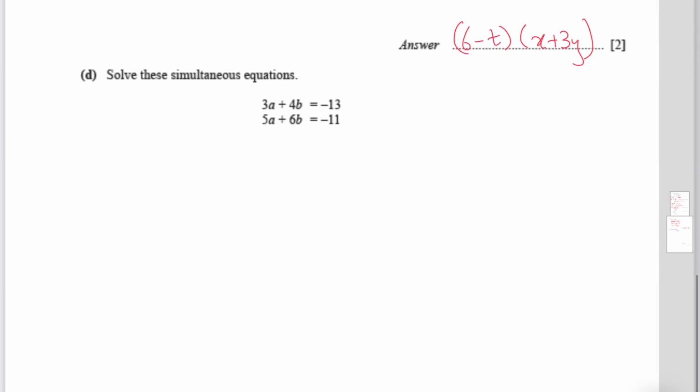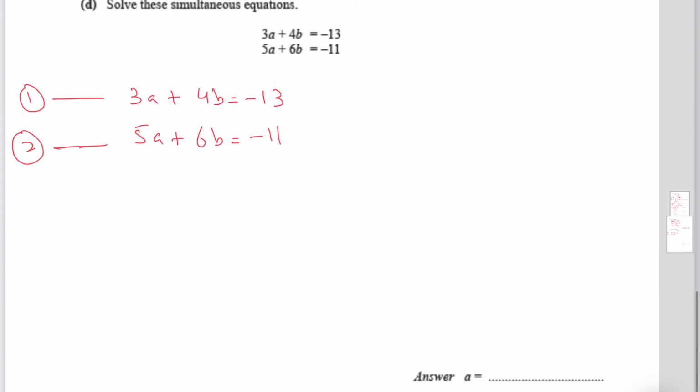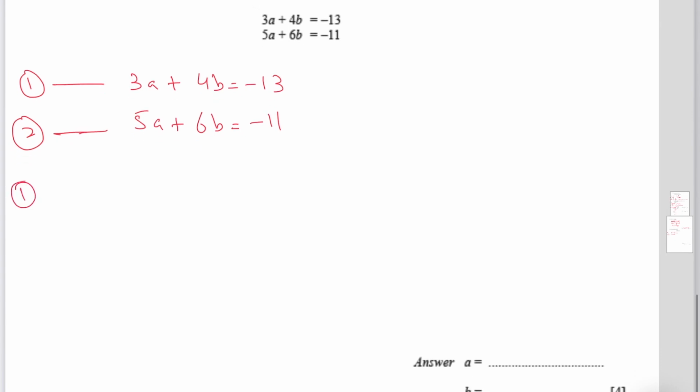The last part says solve these simultaneous equations. The first equation, let's write it over here, is 3a plus 4b is equal to negative 13. The second equation is 5a plus 6b equals negative 11. Okay. Now, in order to solve this simultaneously, you can either use substitution or the elimination method. So let's use the elimination method. I'm going to make the two values of b the same.